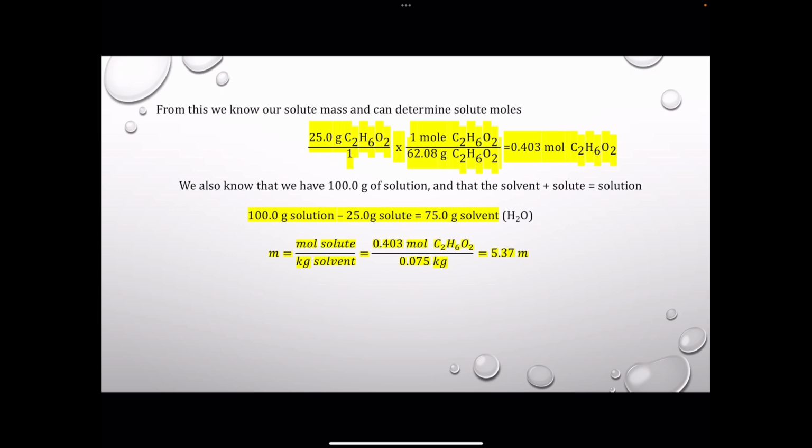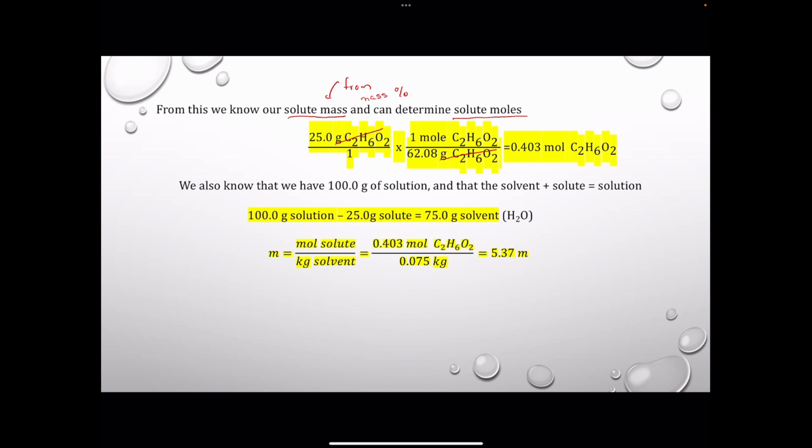So we're just taking our solute mass here and converting it to solute moles, using the molar mass of that ethylene glycol, which is 62.08 grams per mole. So we set up our conversion so that the grams cancel. We're left with moles of ethylene glycol, and we get 0.403 moles.